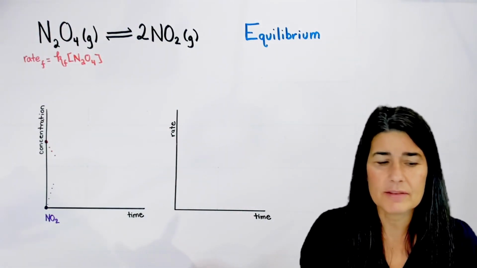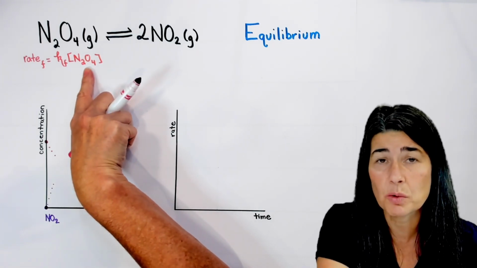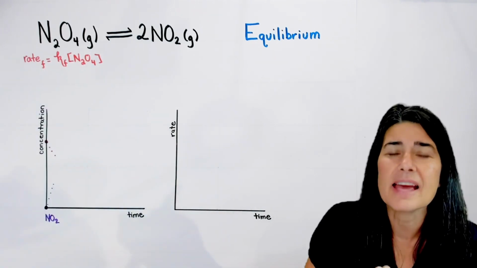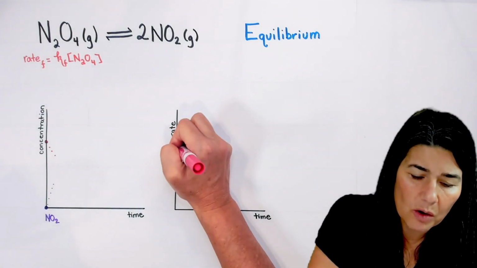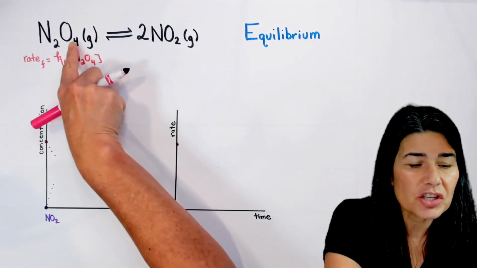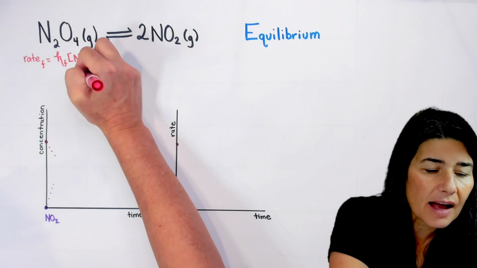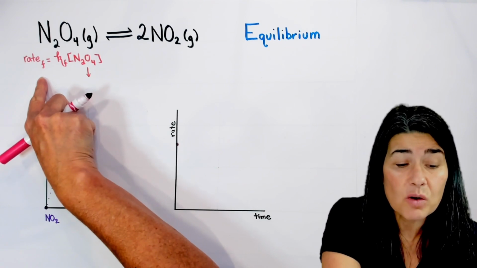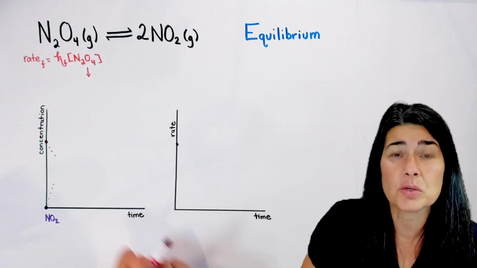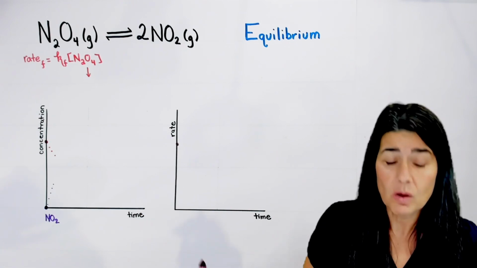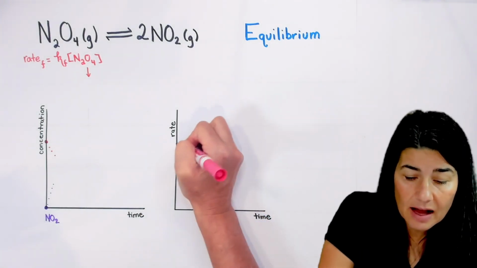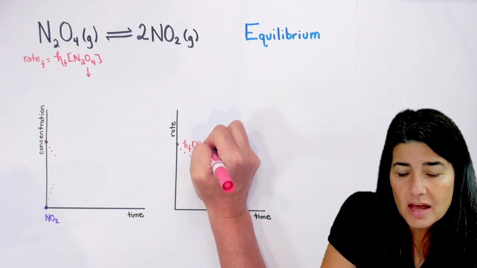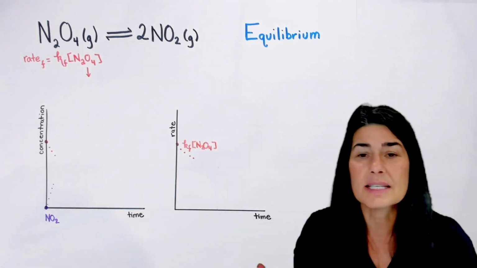Now, at the beginning of this reaction, we have a lot of N2O4, a high concentration. We're all reactants. So we have a high initial rate for the N2O4. But as we start to use this reactant up, as the concentration of that N2O4 goes down, so does the rate. How quickly we can go ahead and change N2O4 into NO2 will decrease. So the rate, I'll label this Kf times the concentration of N2O4, starts to decrease.